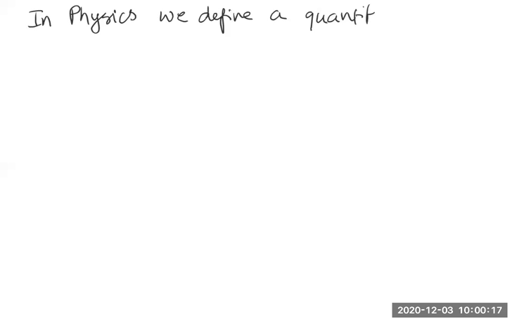So why have we been learning all these things? The purpose is that in physics we define a quantity called work. Okay, now this work has got nothing to do with our daily life. The term that we use in daily life, उससे कोई लेना देना नहीं.